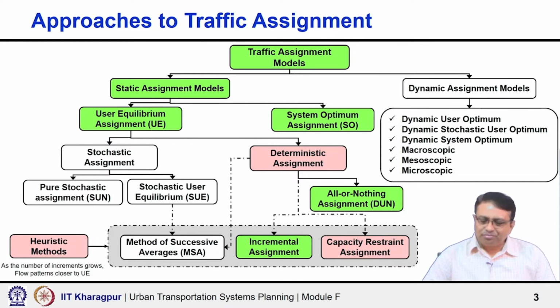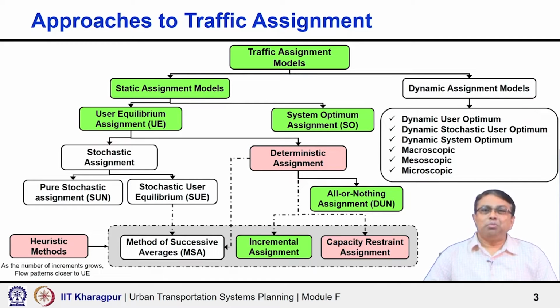This capacity constraint assignment directly or indirectly considers the aspect of capacity, maybe through a proper link cost function, or a demand versus cost or time function.